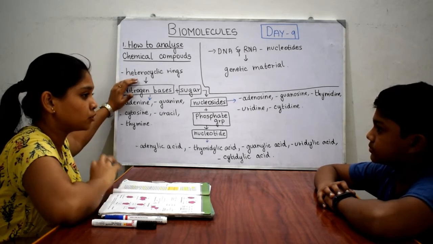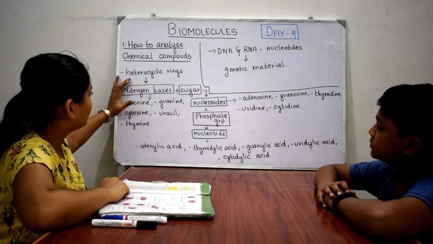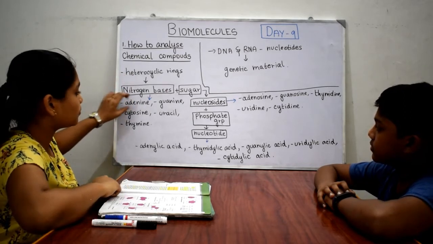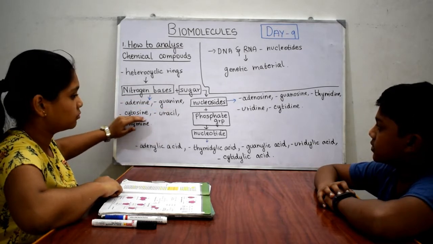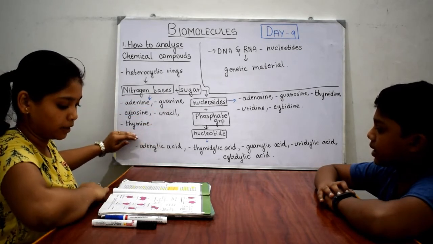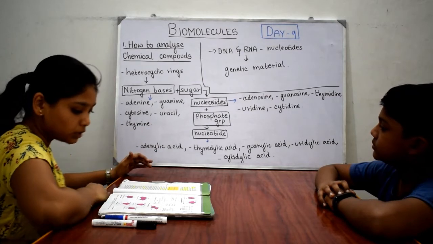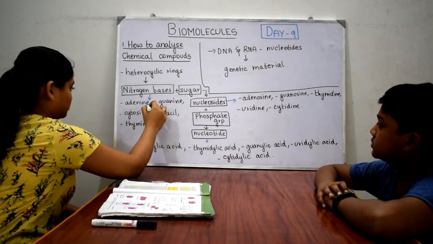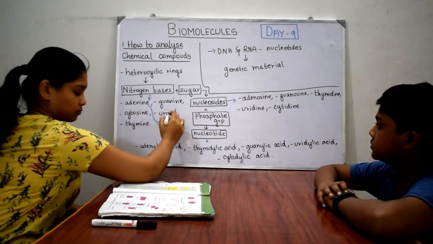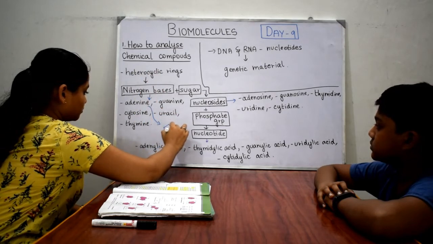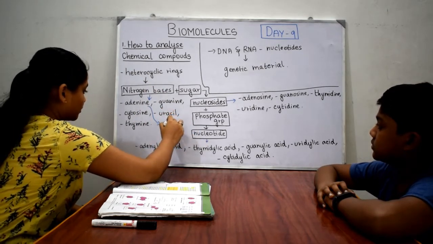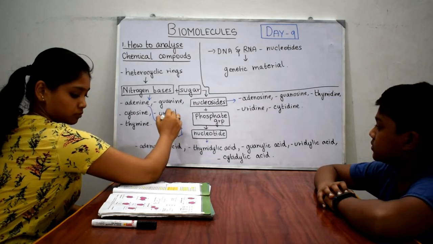These are composed of heterocyclic rings, for example adenine, guanine, cytosine, uracil, and thymine. If you see the structure of adenine, it is like this. And here, NH2.